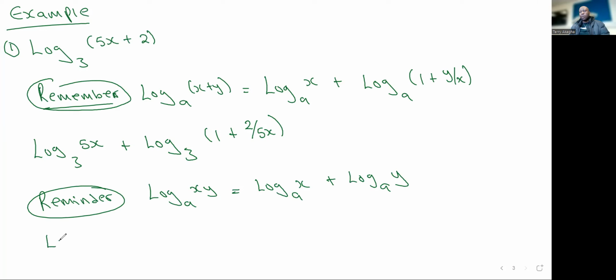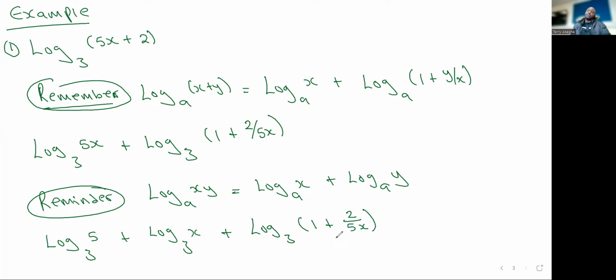It can become log base 3 of 5 plus log base 3 of x plus log base 3 of (1 plus 2 over 5x). And that will be the answer. You can see in this example, I used the addition law, and I also used the product law.